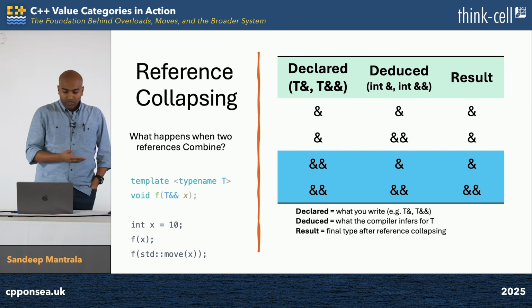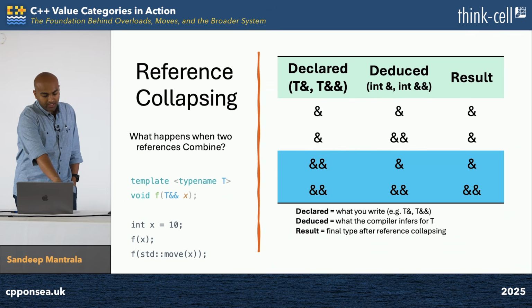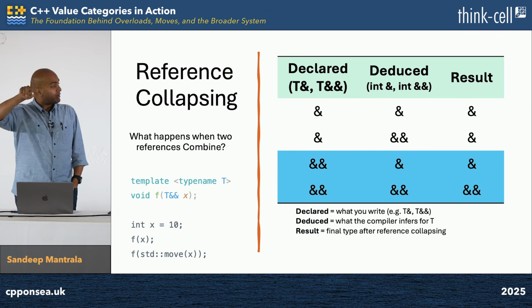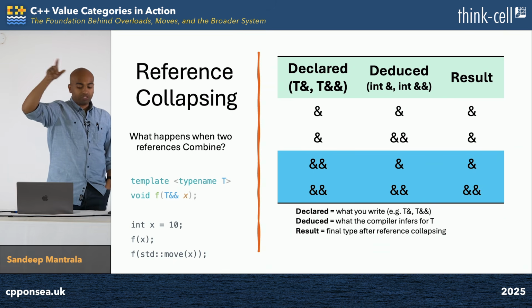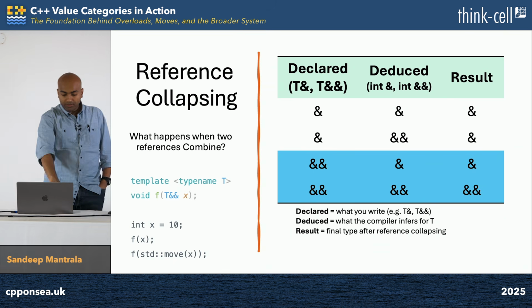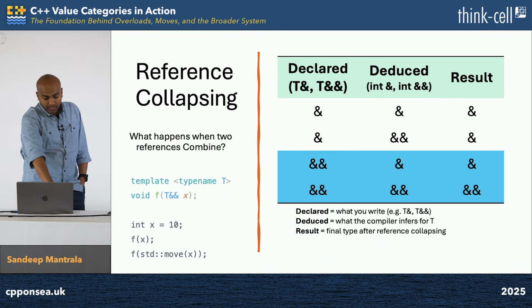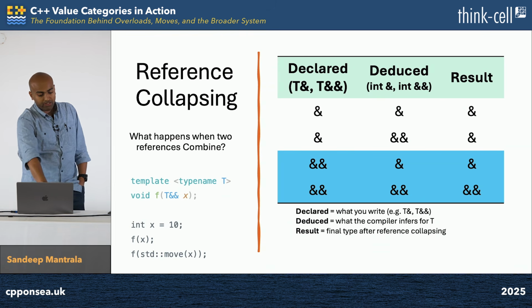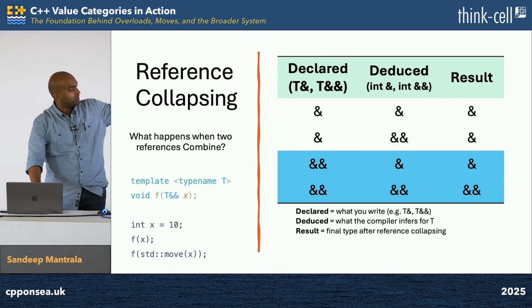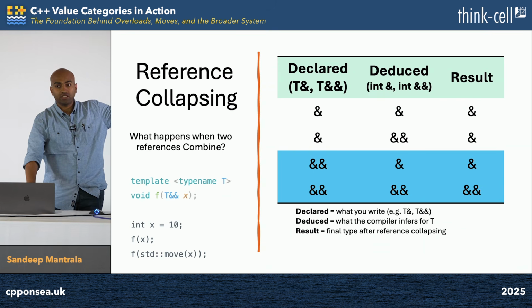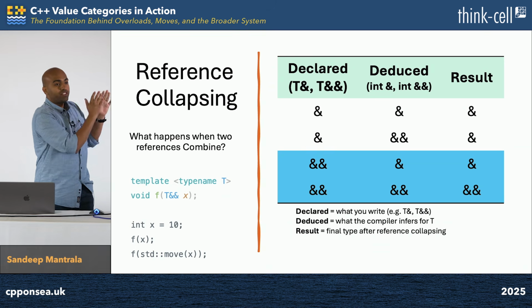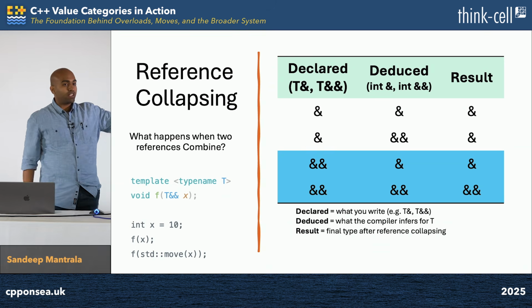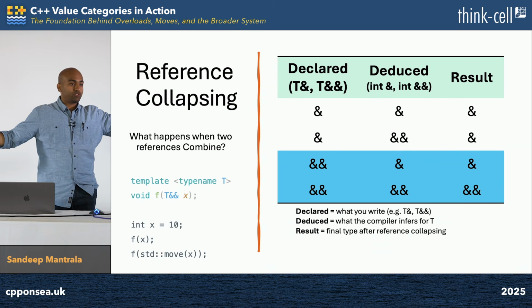So when you are passing an L value, the template parameter T is deduced as an L value reference, and when it collapses with &&, what does it turn out to? An L value reference, right? So universal references can also bind to an L value and retain the same nature of it.